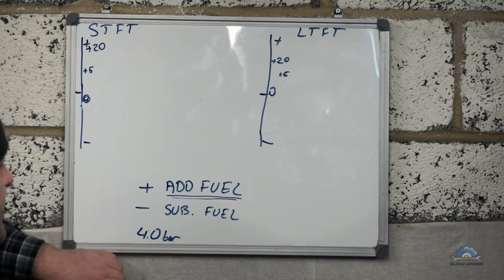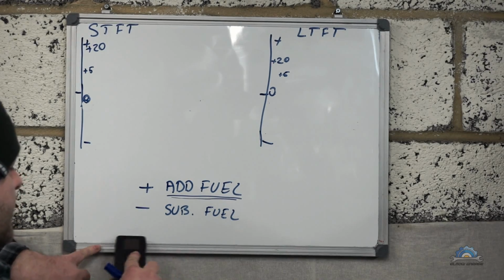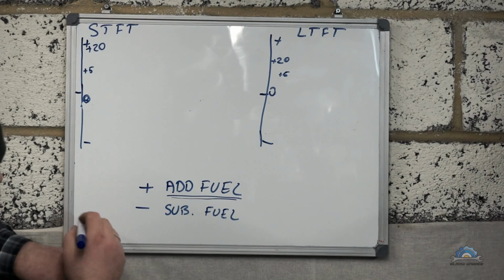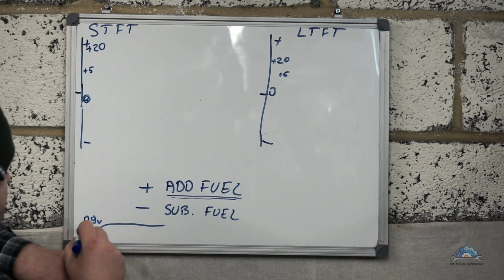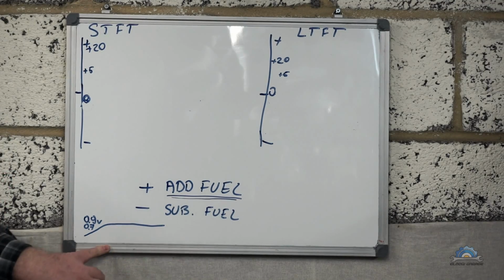intake. What's happening? The O2 sensor is reading rich because the amount of air is the same, but the amount of fuel is higher. So let's say something around 0.7. The O2 sensor is sensing a rich condition. What's happening?